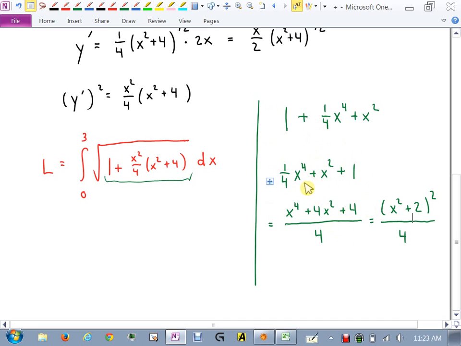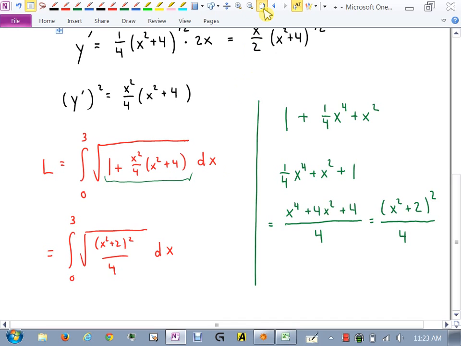Getting this common denominator in here is a pretty standard trick when it comes to these arc length problems. So we have this equals integral 0 to 3 square root of x squared plus 2 squared over 4 dx, which is just, on the next page, x squared plus 2 over 2, right?